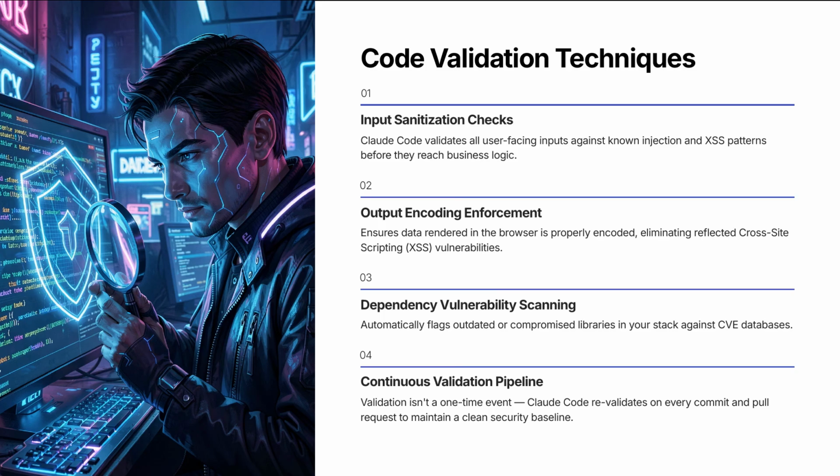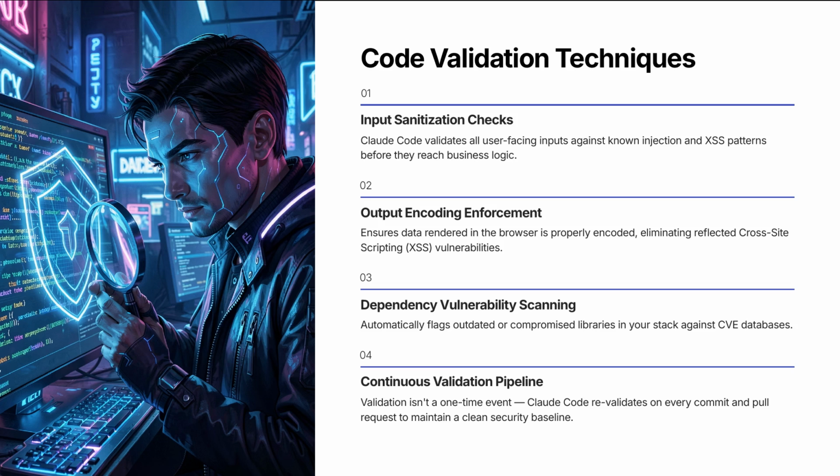In this section, we'll explore the essential code validation techniques employed by Claude Code to enhance security. First, it implements input sanitization checks to prevent injection attacks and cross-site scripting by validating all user-facing inputs before they interact with business logic. Next, it enforces output encoding to ensure that data displayed in the browser is properly encoded, mitigating reflected XSS vulnerabilities.